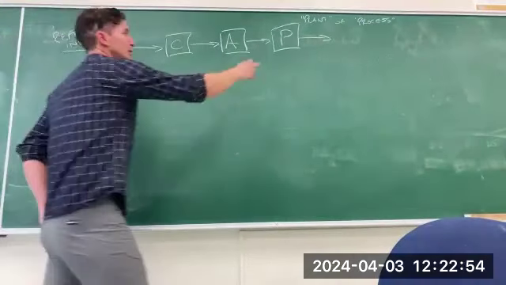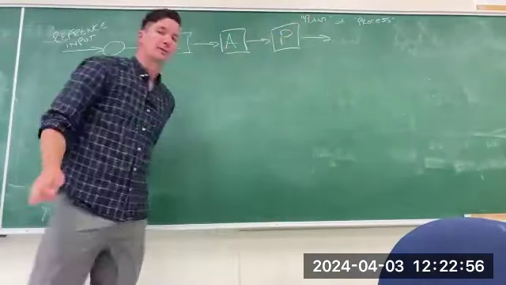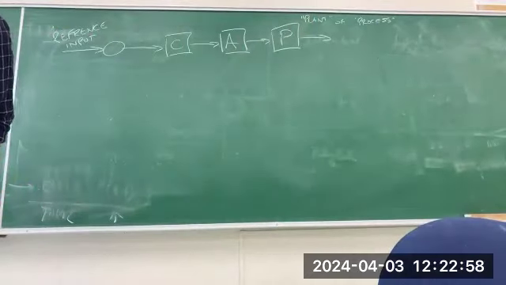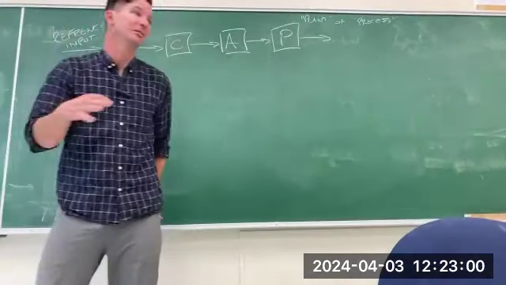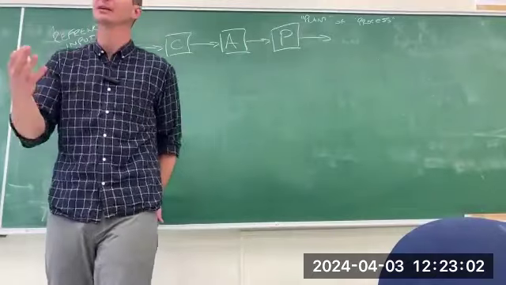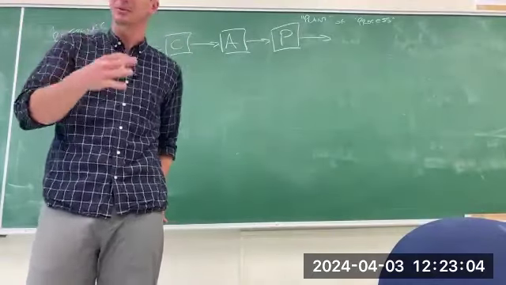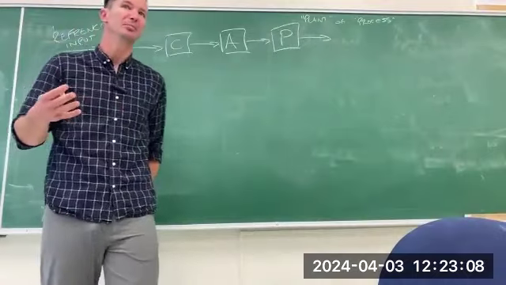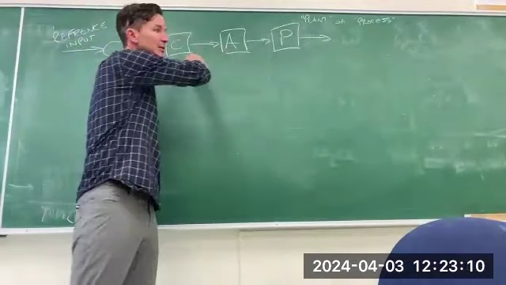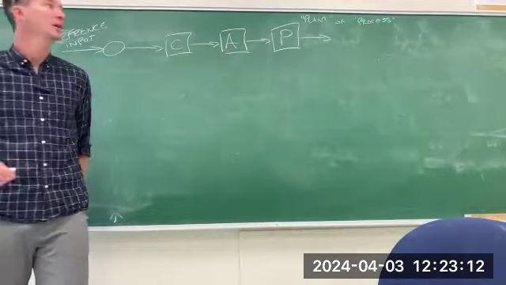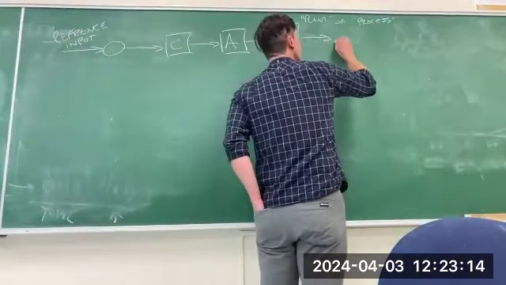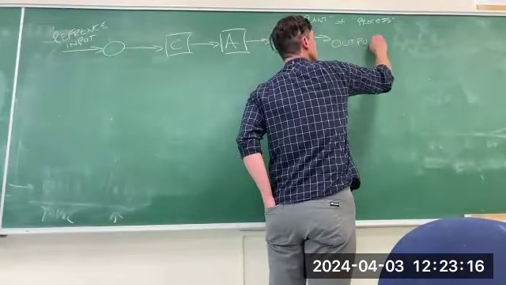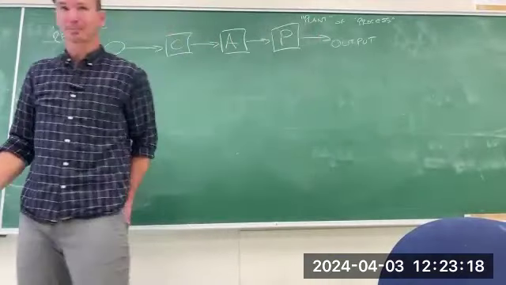And this word plant is a leftover from the olden days when control systems and control theory were being applied to literally industrial plants. Like the steel mill or whatever that was trying to be controlled with actuation and control logic. Okay, and then here we've got the output. You're familiar with that vocab term?